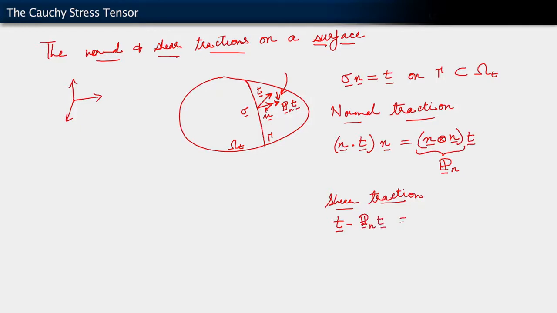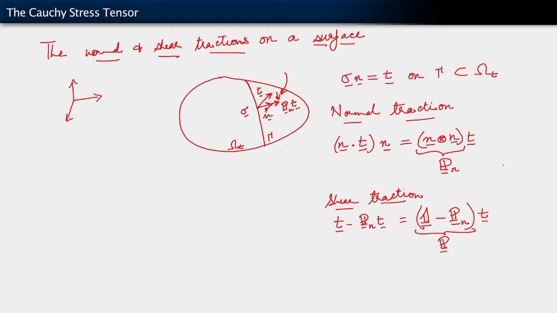But this we can write as 1, a second order isotropic tensor, minus this projection tensor acting on T. But this is also a projection tensor. I remember now that when we originally defined the normal projection tensor, we'd called it P perp.